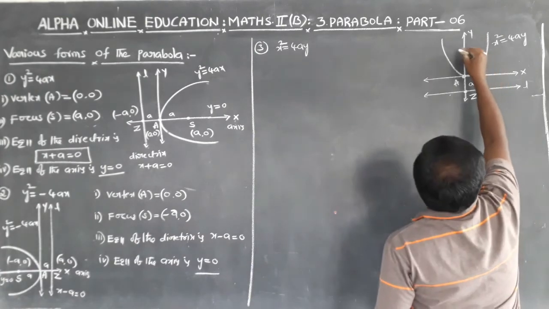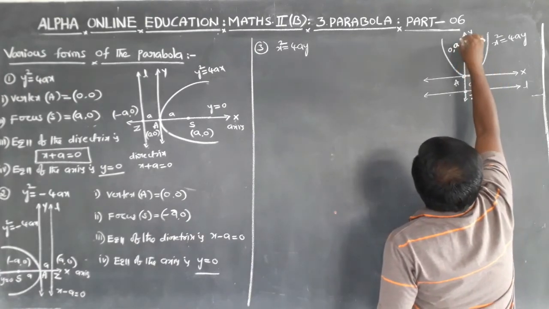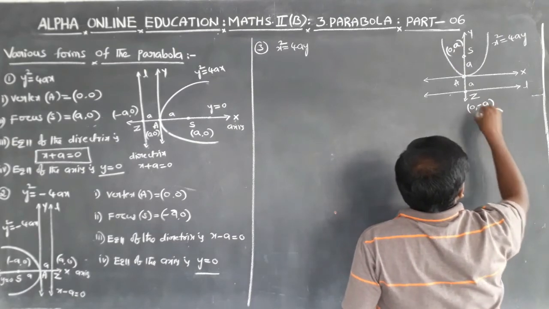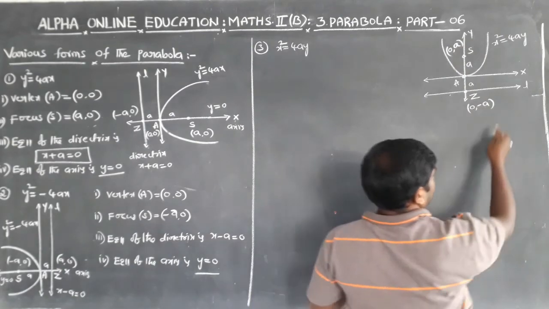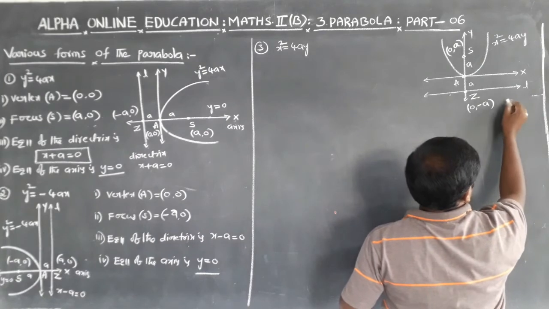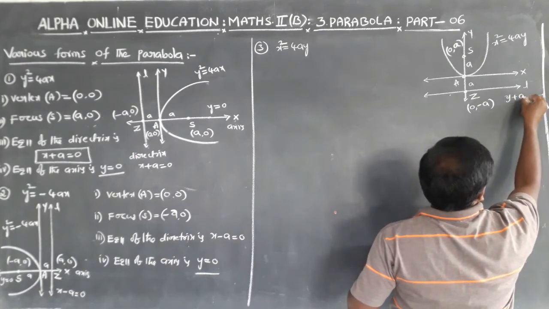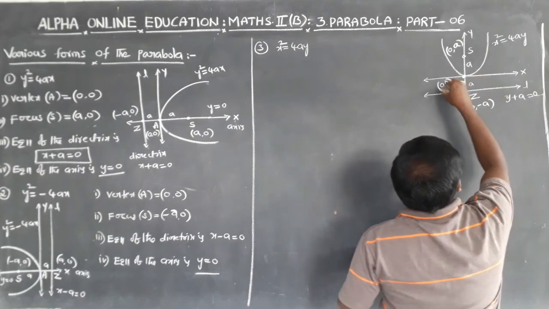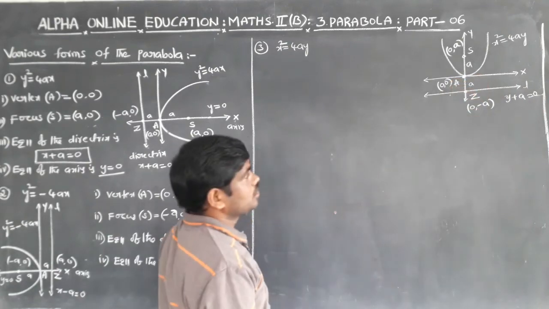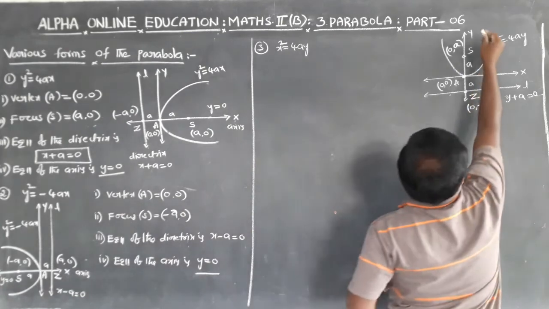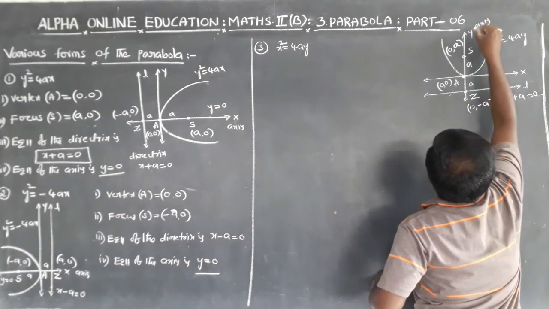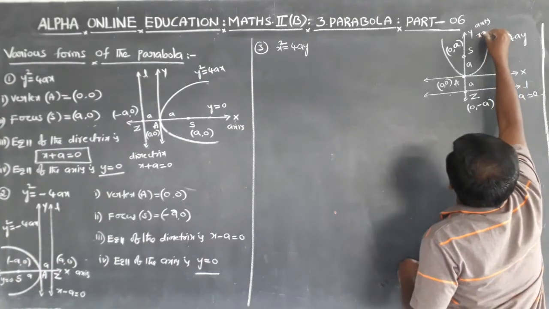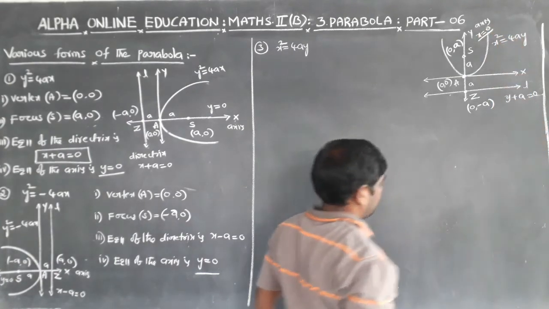So focus S is 0 comma a, Z is 0 comma minus a. Here equation of the directrix y plus a is equal to 0, vertex A is 0 comma 0. Here this is the axis, y-axis. Equation of the y-axis x is equal to 0.